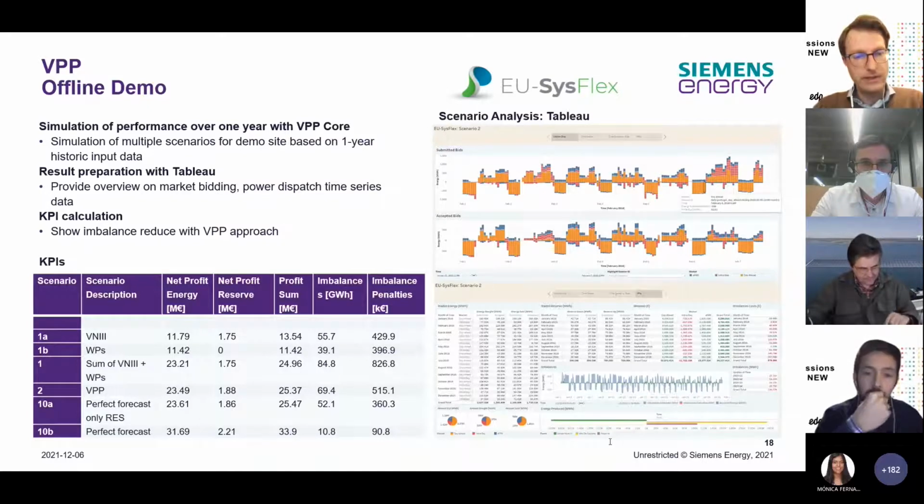The second scenario in this offline demonstration simulated the operation of these components within the VPP concept, and we could already see a significant reduction in the imbalances that occur, and especially in the penalties on the monetary side.